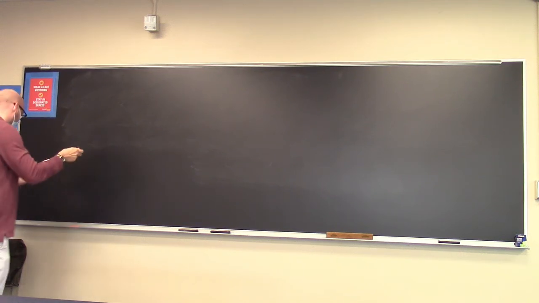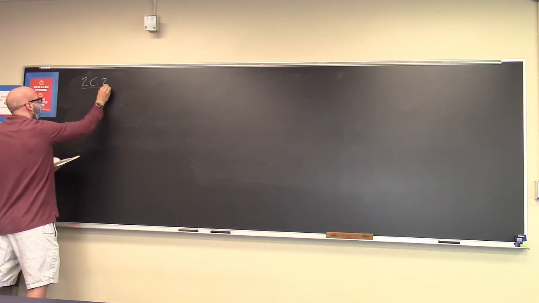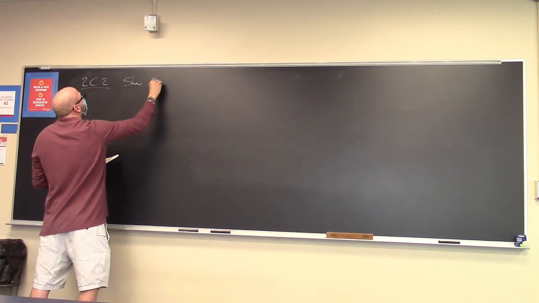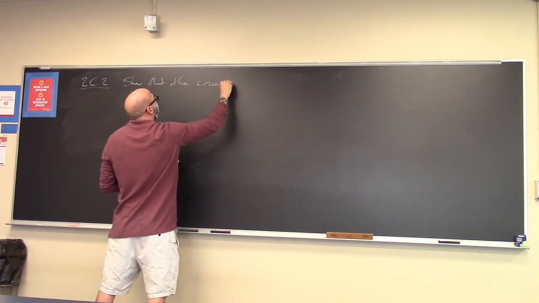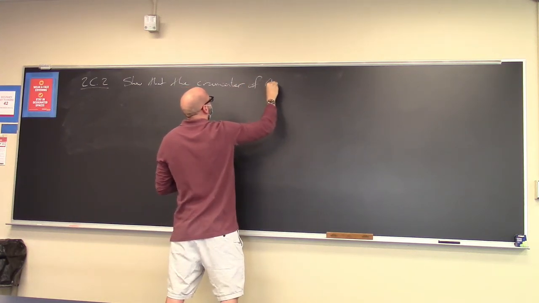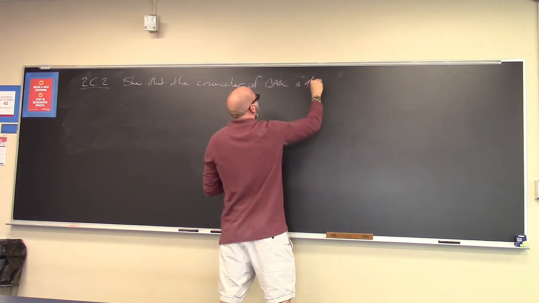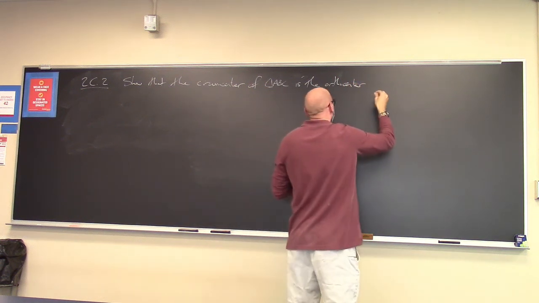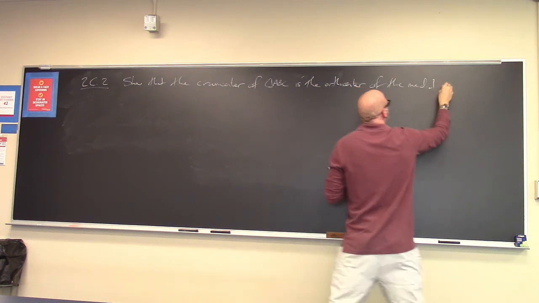All right, let's work on a problem here. How about 2C.2? Show that the circumcenter of triangle ABC is the orthocenter of the medial triangle.